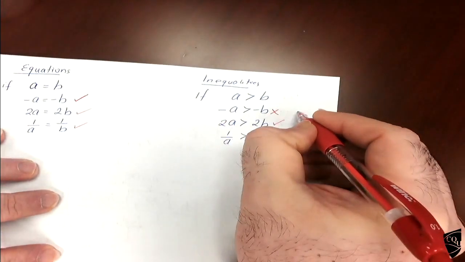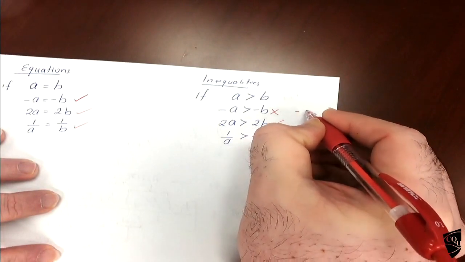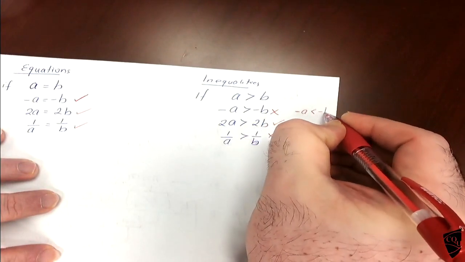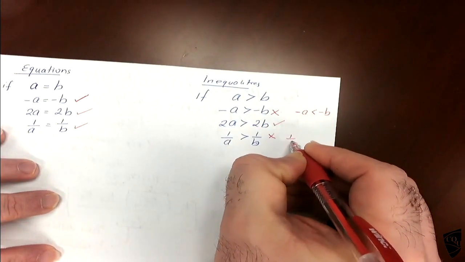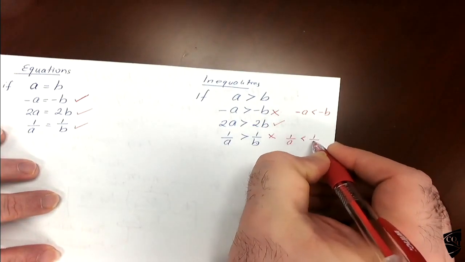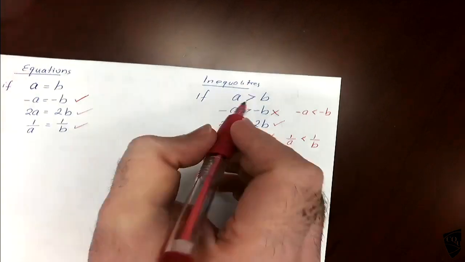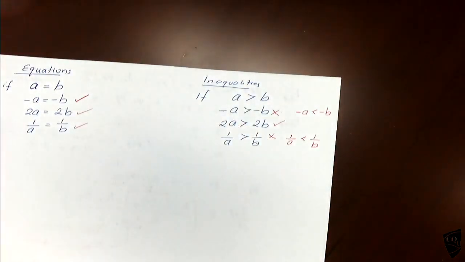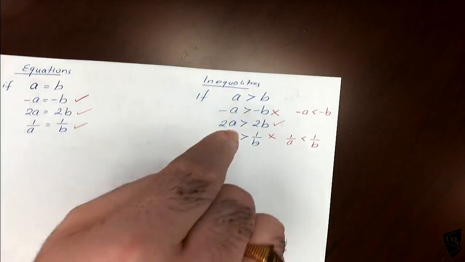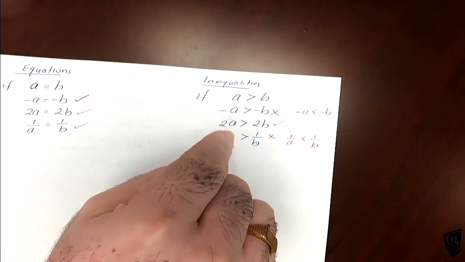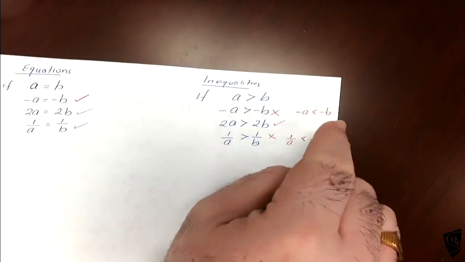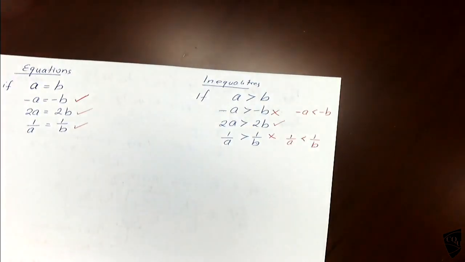So here it is minus A, the sign will change. 1 upon A also changes the sign. So what does that mean? The first one tells you that you can't simply multiply by negative numbers. When you multiply by a positive number, the sign won't change. But when you multiply by a negative number, the sign will change.